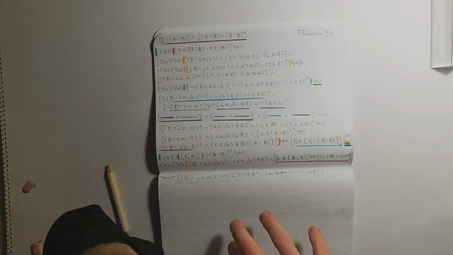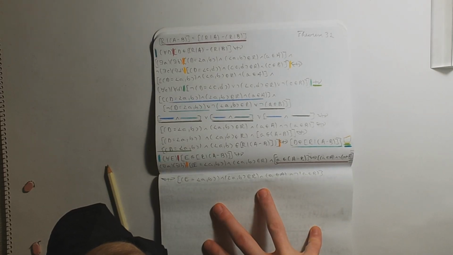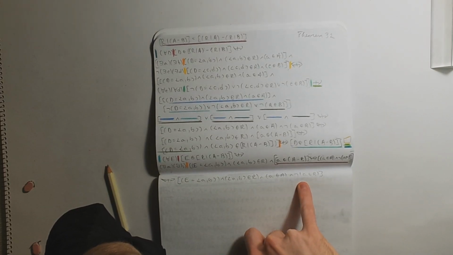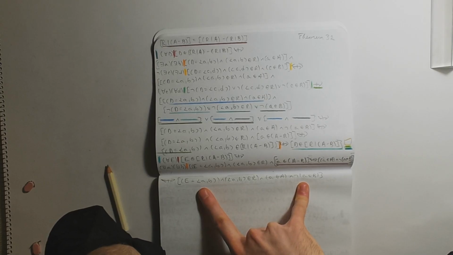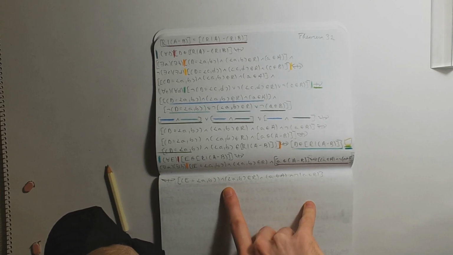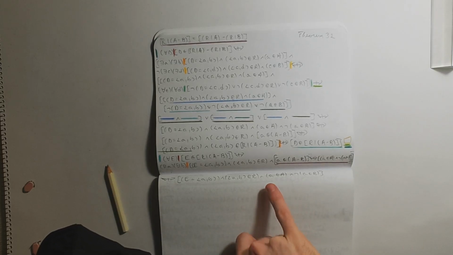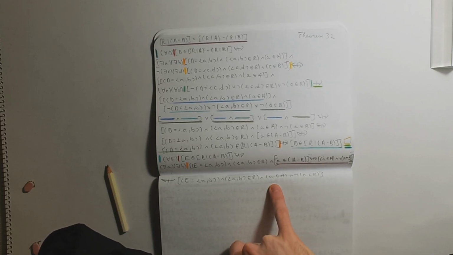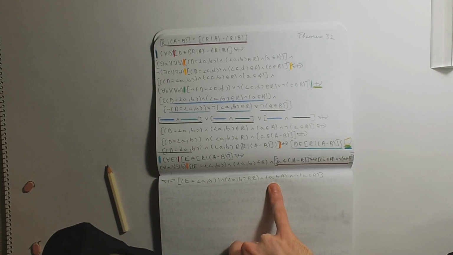Which doesn't quite work because this would be off parity. If we extracted a negation on this expression, we'd have not E equals the ordered pair AB, or not AB as an element of R, or not A as an element of A. Yeah, well, actually, we could duplicate the expression and then step this down, so we got rid of the extra copy of A as an element of A for the one that we negate.